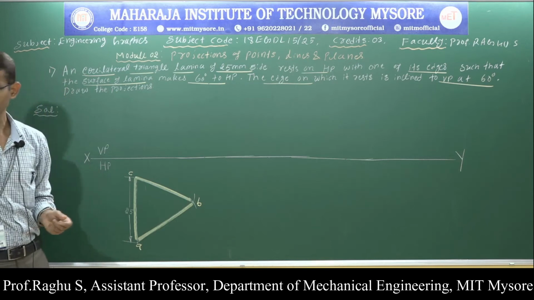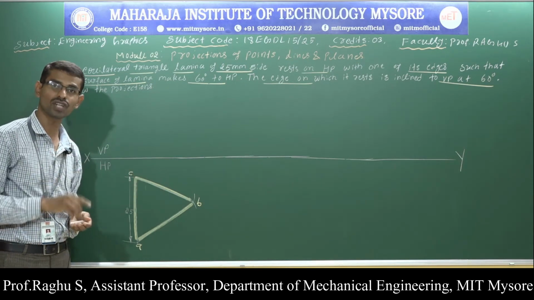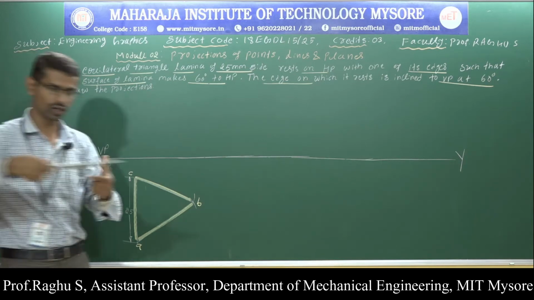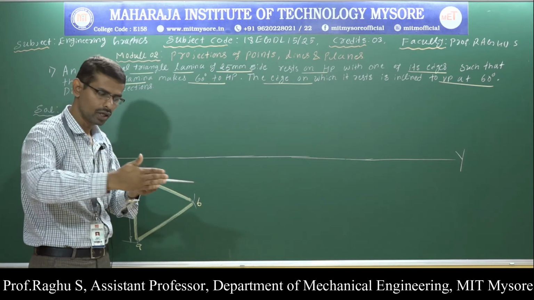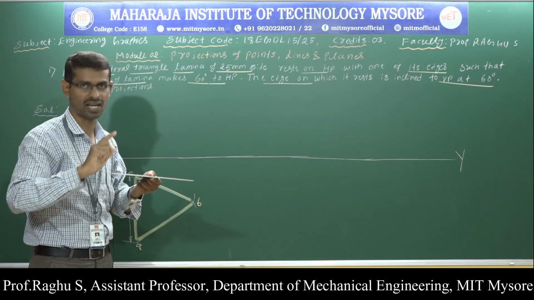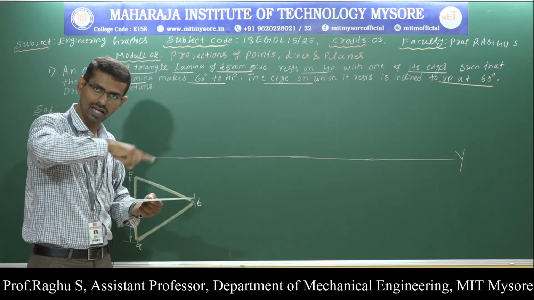Right. Next, to get the front view. The front view is a straight line. Here the lamina rests on HP like this. When you observe from the front of the object, the lamina looks like a straight line. In the top view, the lamina looks like a triangle shape.